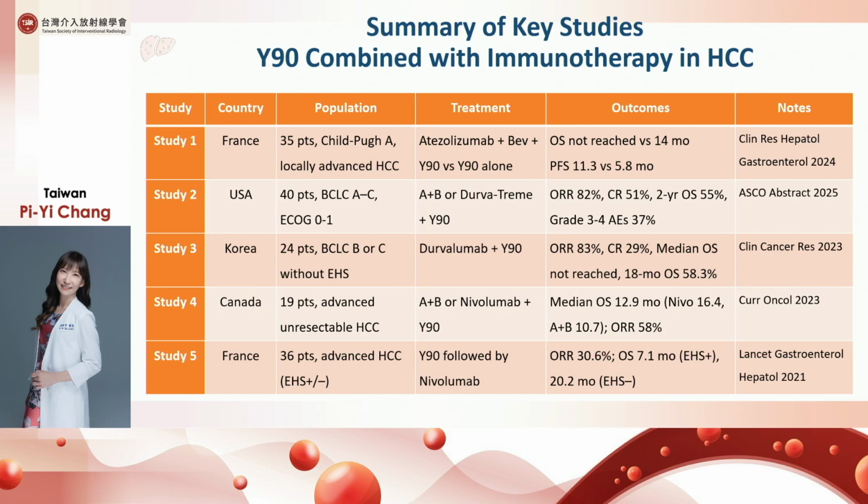So this is a summary of key studies of Yttrium-90 combined with immunotherapy. You can see that there are several studies, including combinations with atezolizumab or durvalumab. But you can see that all the combined studies show promisingly better objective response rate and overall survival.